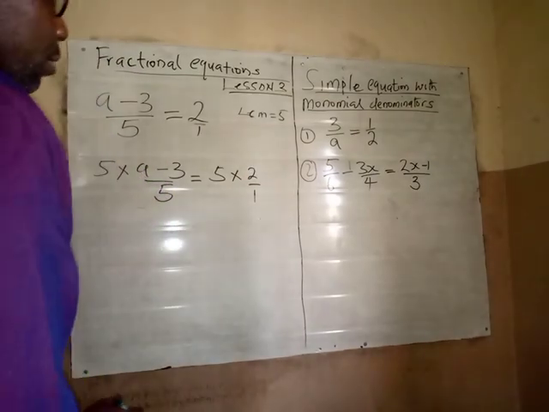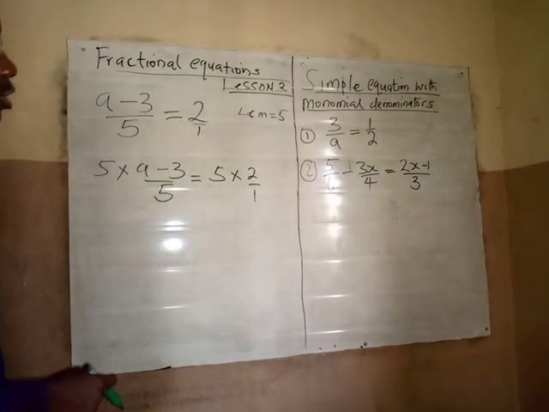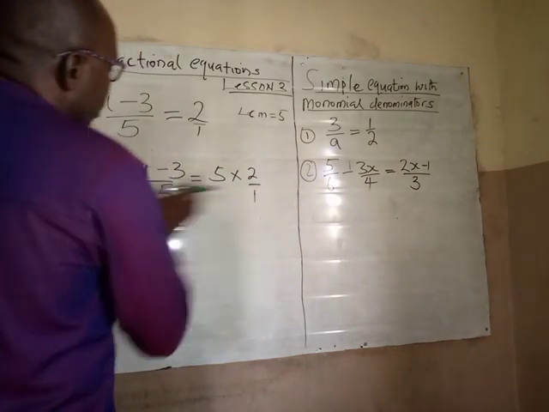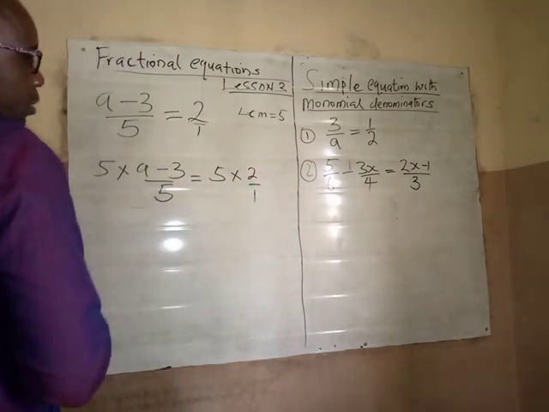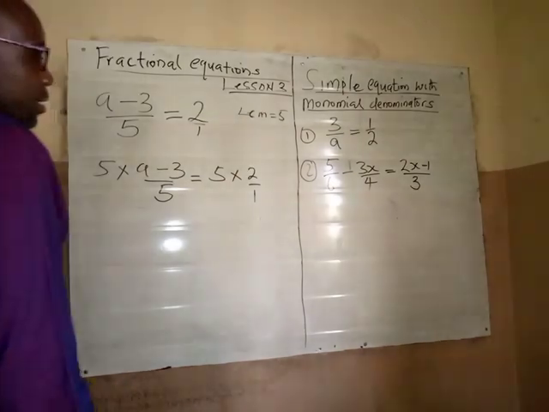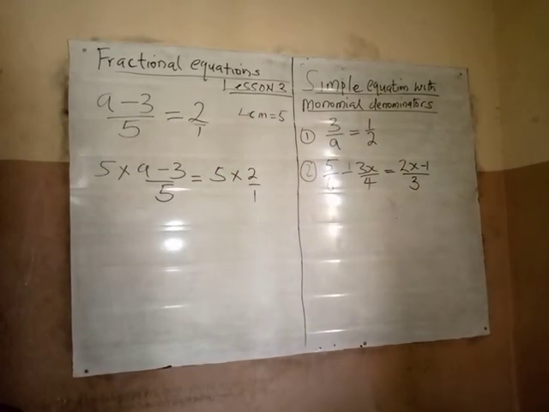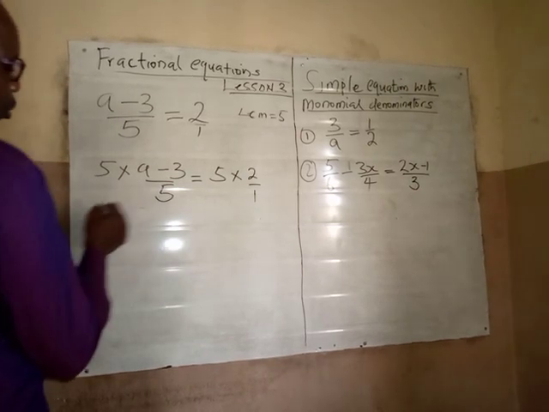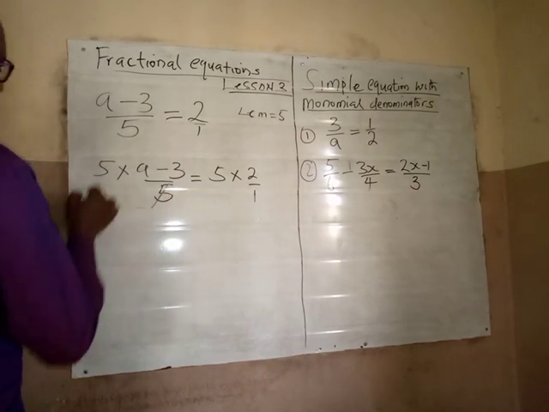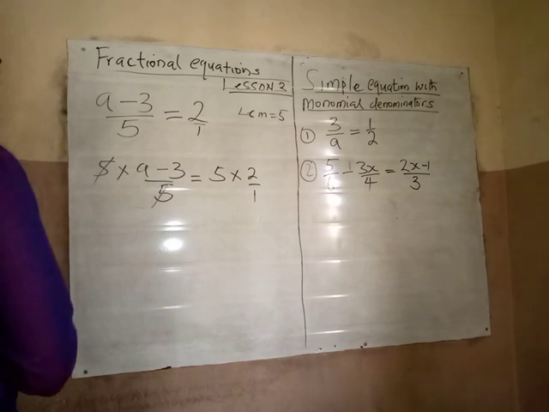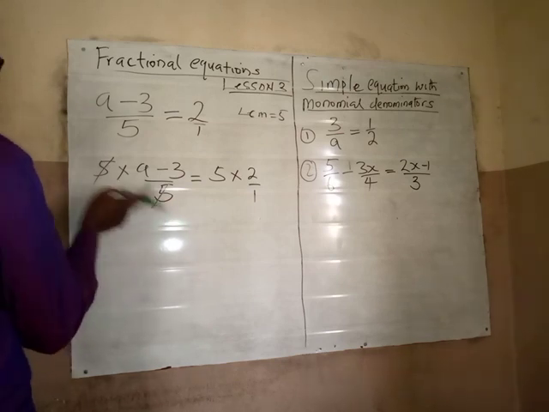The essence of multiplying by the LCM, which is 5, is so that we can eliminate the fraction and have a linear equation. The denominator 5 cancels the other 5.